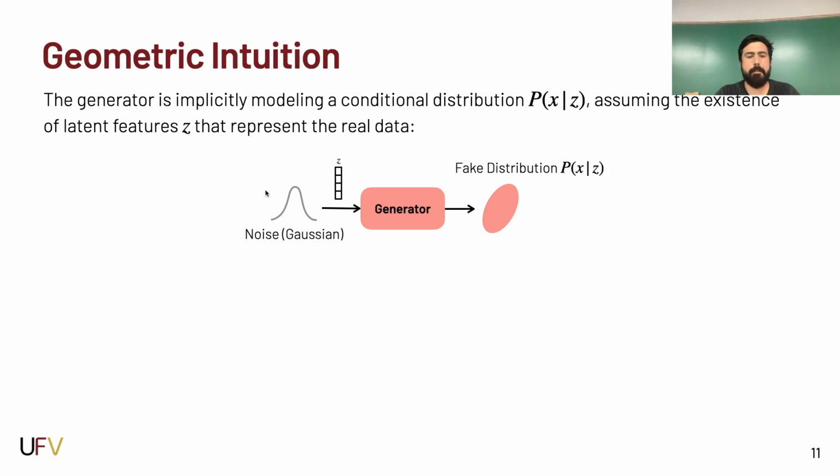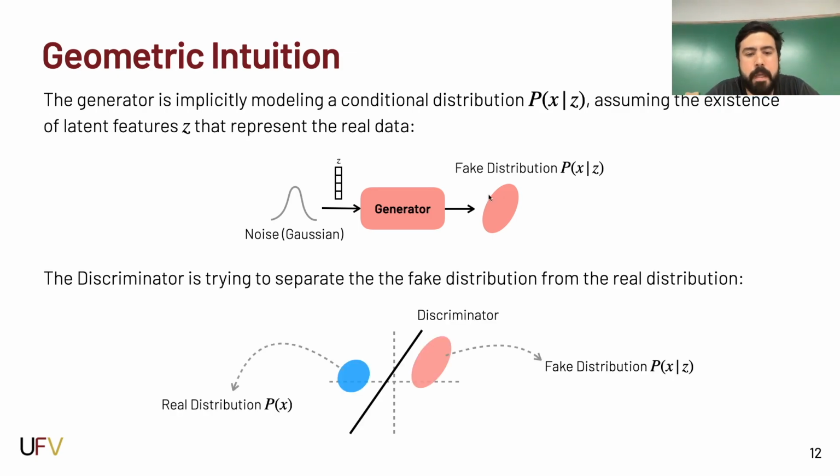But anyways, what's happening here is that we have Gaussian noise that produces a latent vector z, and you can see this ellipse here as a distribution area that represents p of x given z, okay? And here is an image of what the discriminator is trying to do.